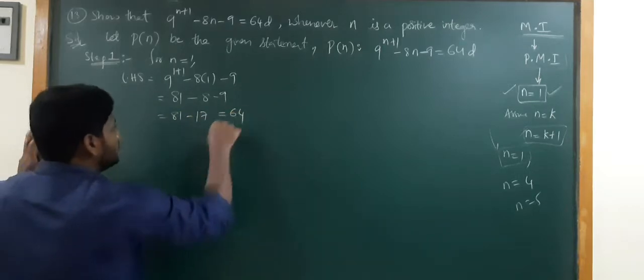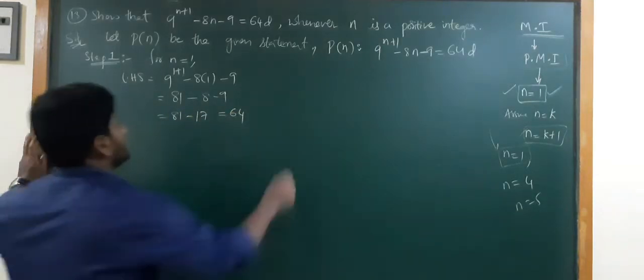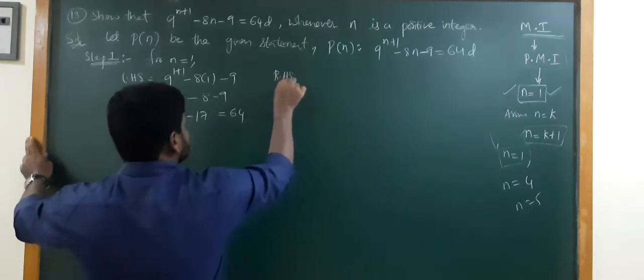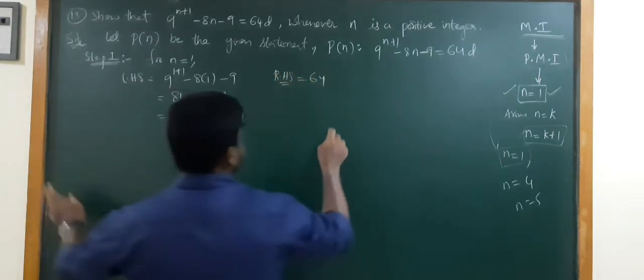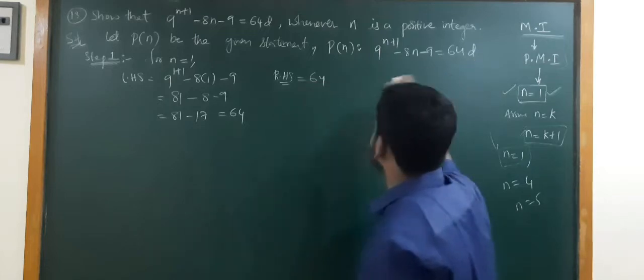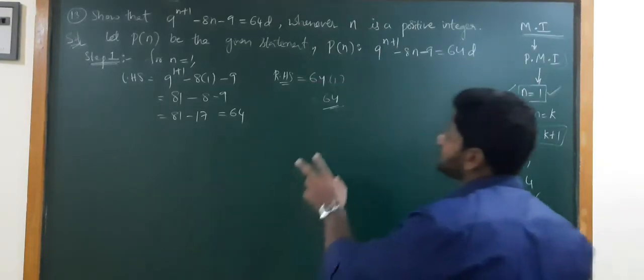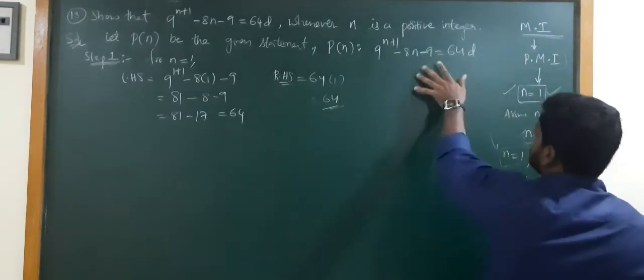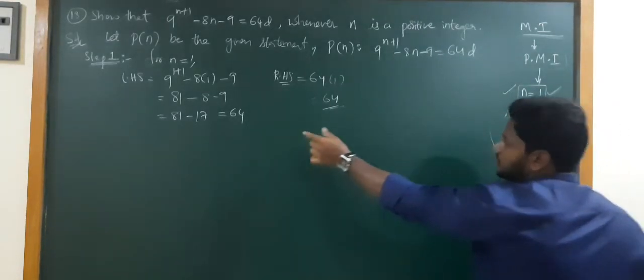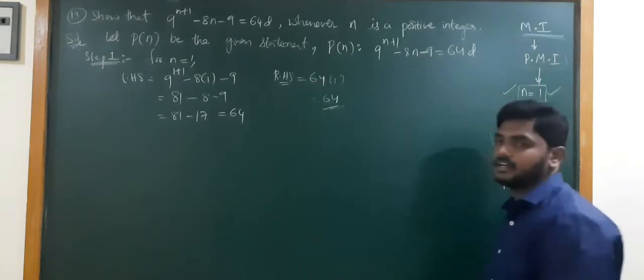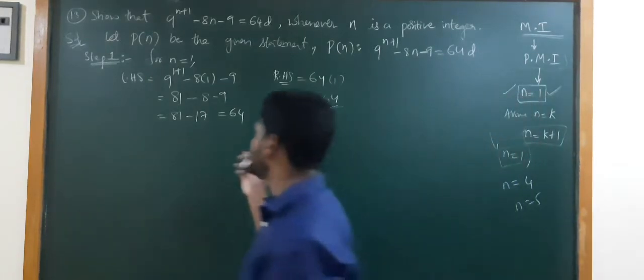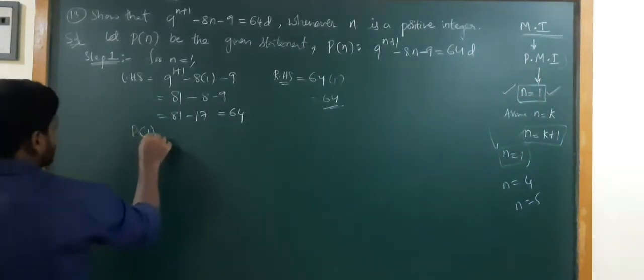The value of 81 minus 17 is 64. Now, what is RHS? RHS is 64 into d, where we consider d as 1, which is equal to 64. Why? Because for the first step, n equal to 1, we consider this as 1. So 64 equal to 64, therefore LHS equal to RHS. If LHS equal to RHS, then P of 1 is true.